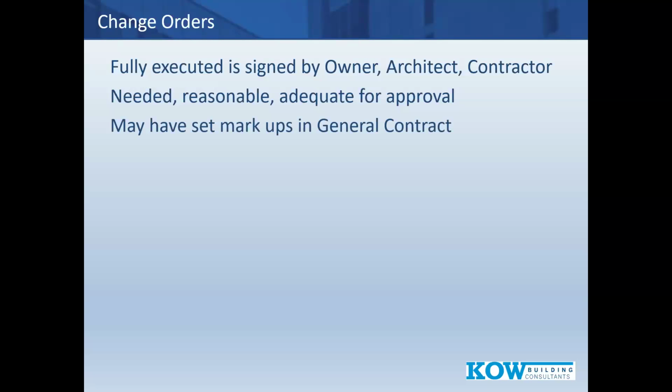But if I know their markup, then there's going to be no issues with what the total cost is going to be. I don't want to see some negotiation about the change order markup when we're already in the middle of the project. So we like to see set markups in general contract when it's applicable.